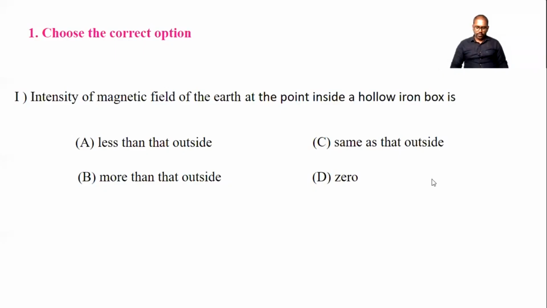From magnetic materials, question number 1 we have to start, and it is an MCQ. The intensity of the magnetic field of the earth at a point inside a hollow iron box. So, magnetic field intensity inside a hollow iron box. We already have an idea about the properties of magnetic lines of force.